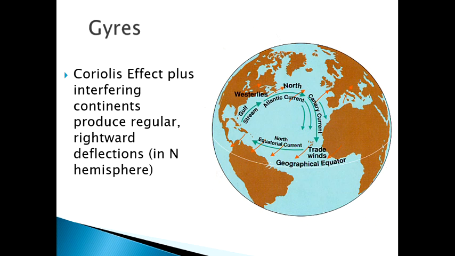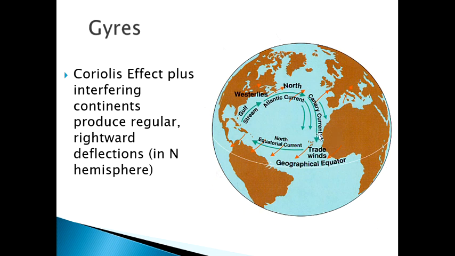A gyre is just a circular moving path of a fluid over an object. And so we have currents that are always moving to the right of the winds, creating the Gulf Stream, the Atlantic current that runs into the pesky European and African continents, and so the deflection is to the right, it hits the land, so it travels south as the Canary current.